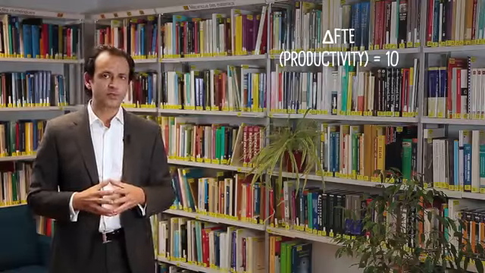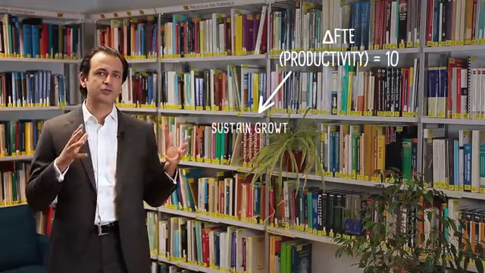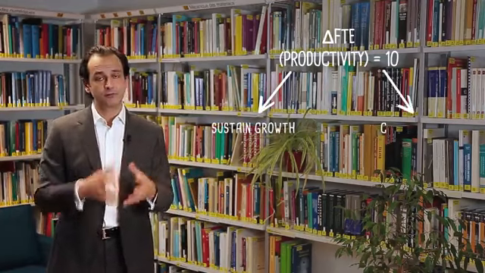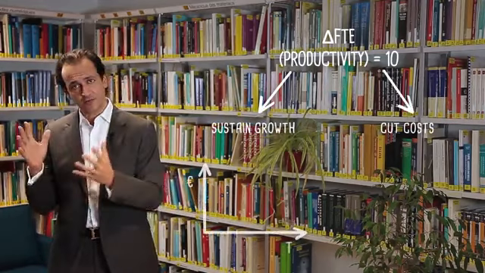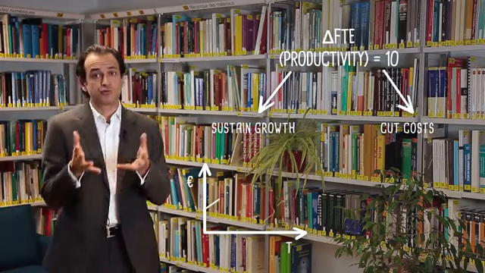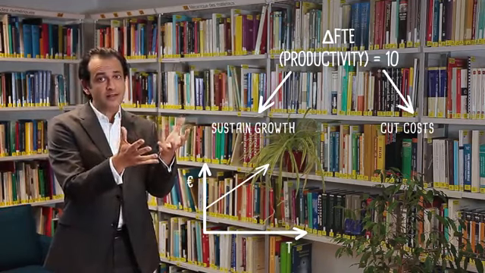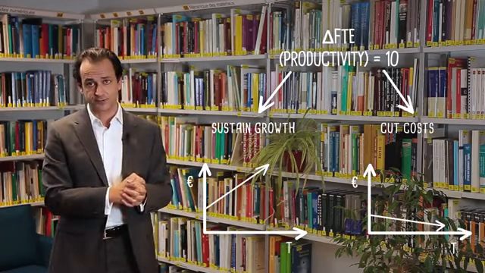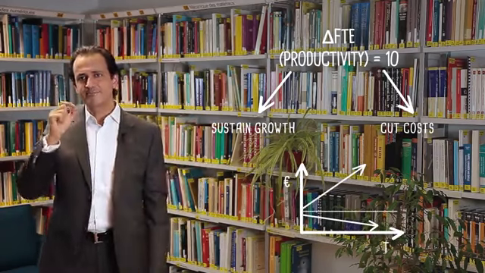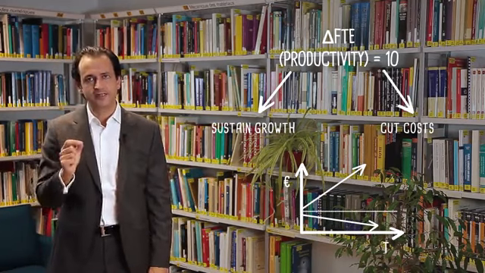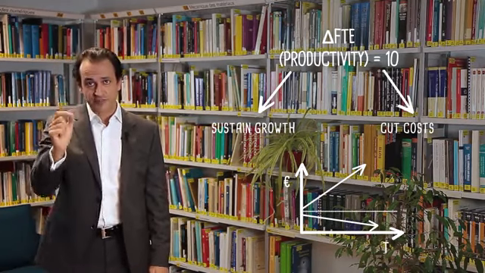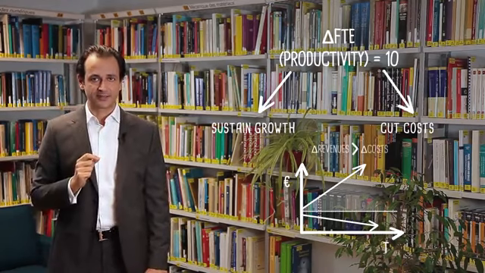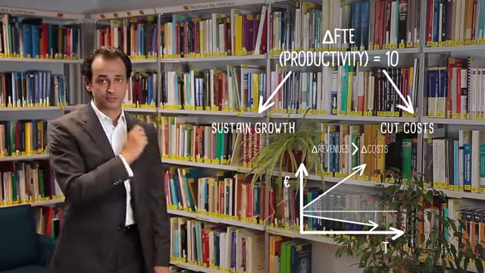Generally speaking, productivity means either to do more with the same resources or to do the same with fewer resources. So part of the productivity should be used to sustain growth, while the other part should be used to generate margin by reducing cost. It is important to understand that the productivity deployed to sustain growth generates a higher profit margin increase than productivity deployed in cost reduction.